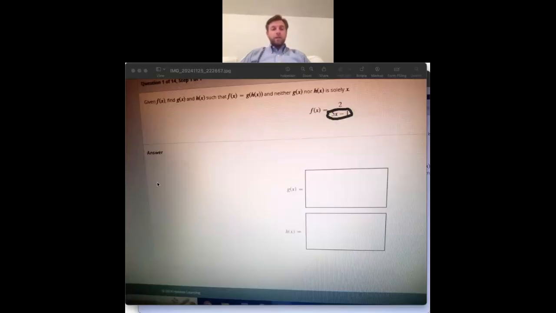So I'm going to replace h of x with that inside part, just the 5x minus 1. Let's take this thing and rewrite it such that the denominator is replaced with h of x. So this is 2 over h of x.